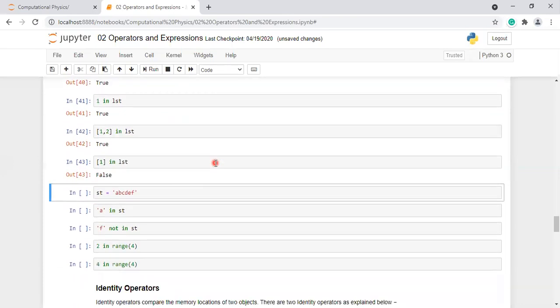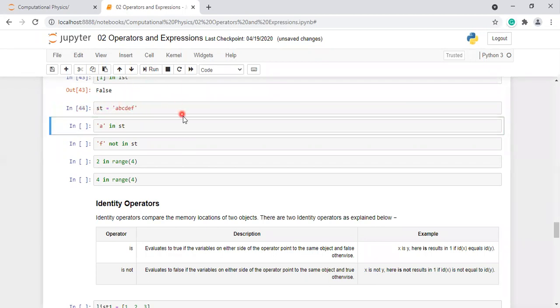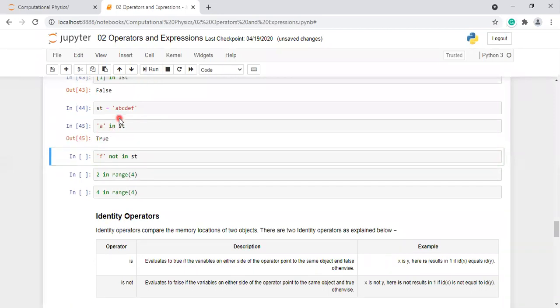So that is the idea. Now let us look at strings. Let us create a string a b c d e f and store it in the variable st. Is a a member of st? Yes. Is f not in st?